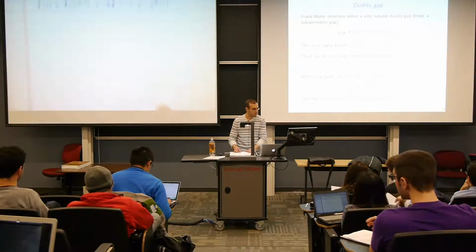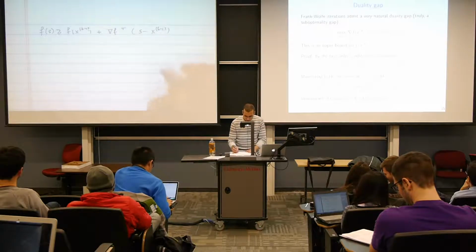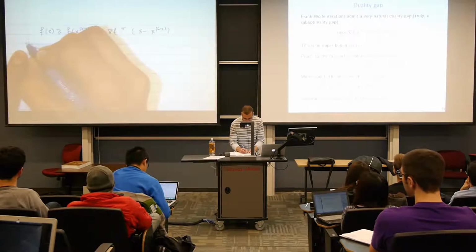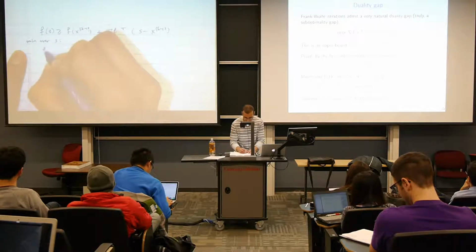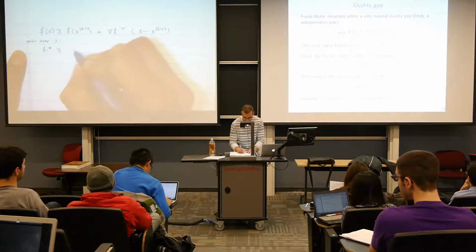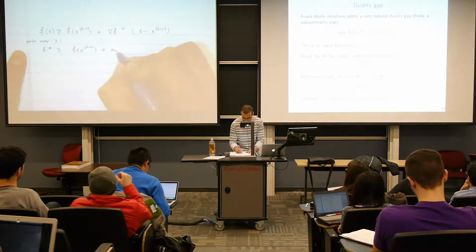Okay, that's what is meant. It's just supposed to be, and then if we minimize over s, we just get f star bigger than or equal to f of x k minus 1 plus the minimum.